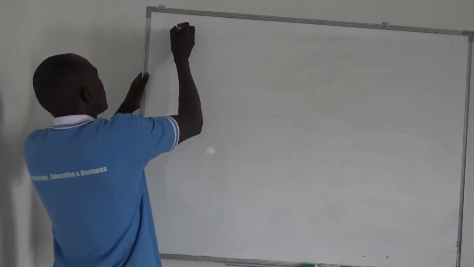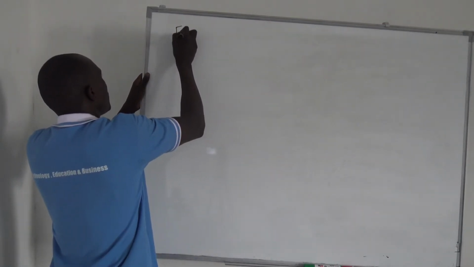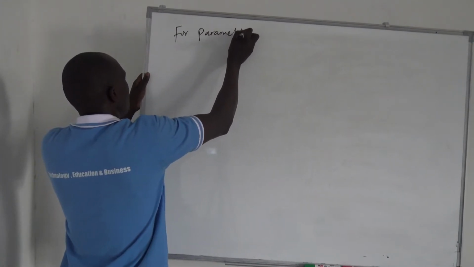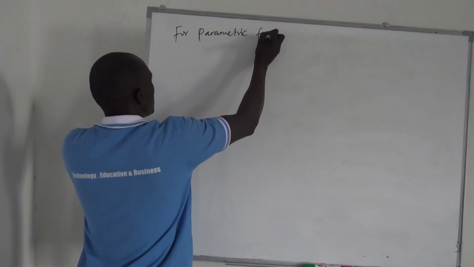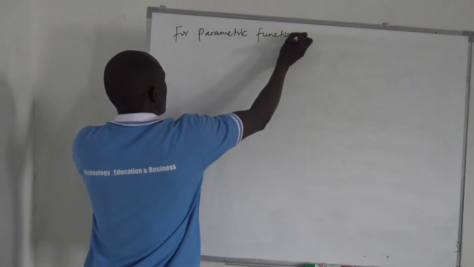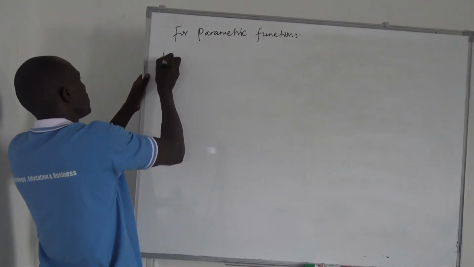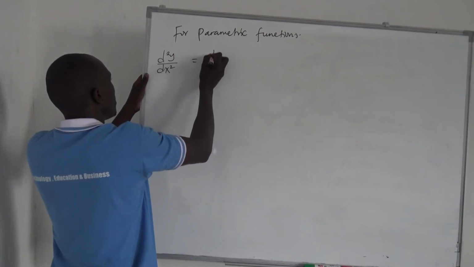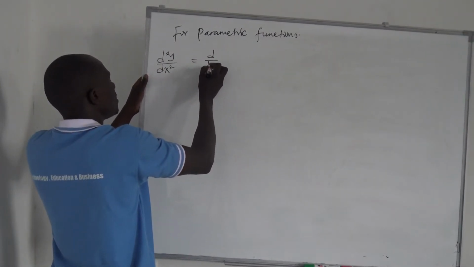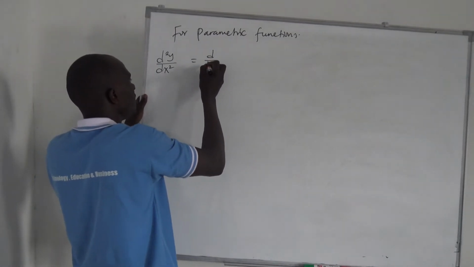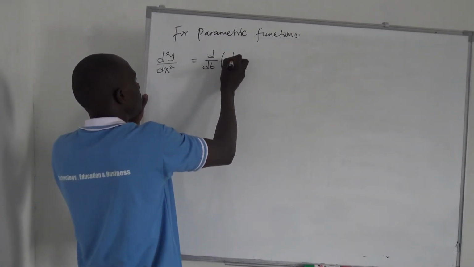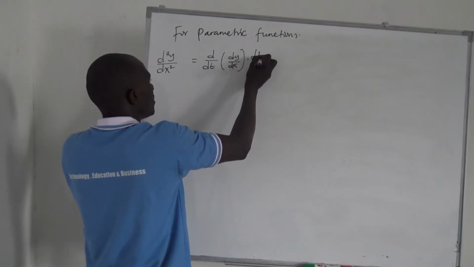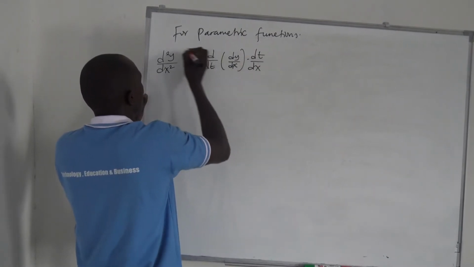So, for parametric equations, for parametric functions, the d2y dx squared is the same as d dt of dy dx times dt dx.